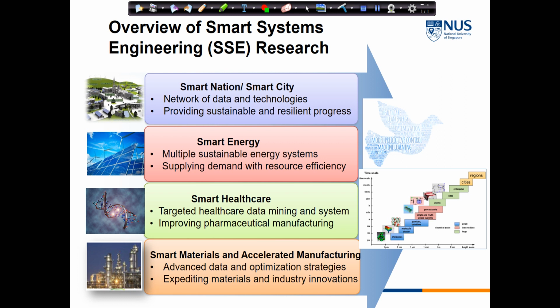Also, our group has now conducted a lot of data analytics and machine learning for the accelerated manufacturing of materials and different chemicals. Our goal is to accelerate material and industry innovations using data and optimization instead of the previously commonly used strategies in the lab and in the plant, which is trial and error to design the system experiment.